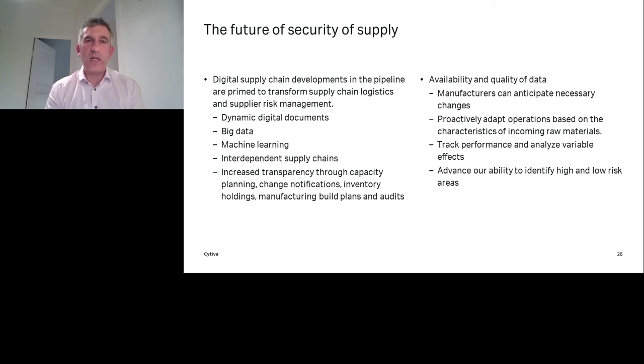And then, of course, sophistication in the way that large data sets are handled is really needed in the context of interdependent supply chains. So there'll be a need from across the industry for increased transparency, which will enable greater accuracy in capacity planning, but also in inventory holding and simply being able to focus on prioritizing the mitigation of the highest risks.